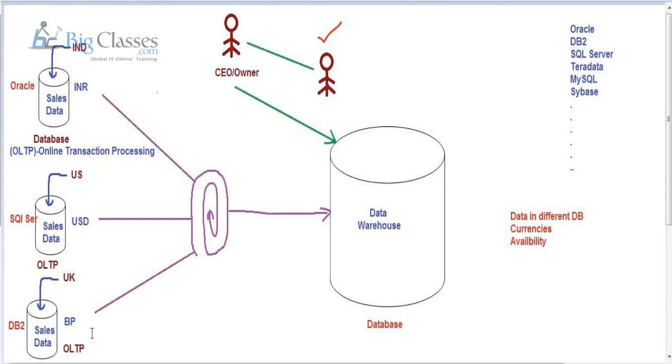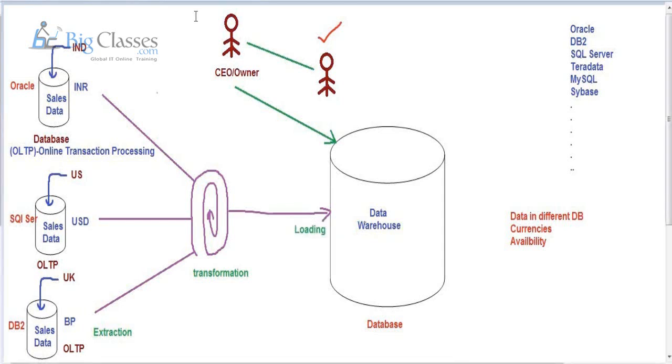We are going to call this particular process extracting the data. And after extracting the data, we are going to modify the data as per your requirements. We are going to call this process transformation. And finally, the transformed data, that means whichever is ready for analysis, is going to be kept into the new database, which is called the data warehouse. We are going to call this process loading.